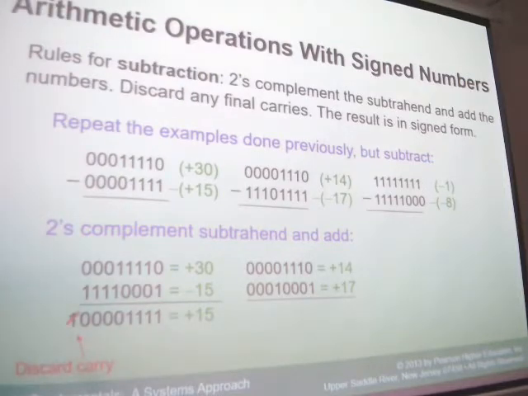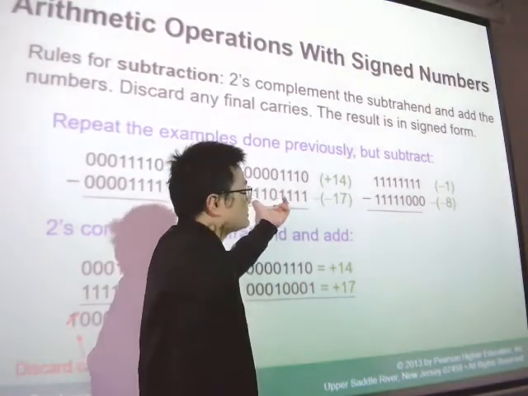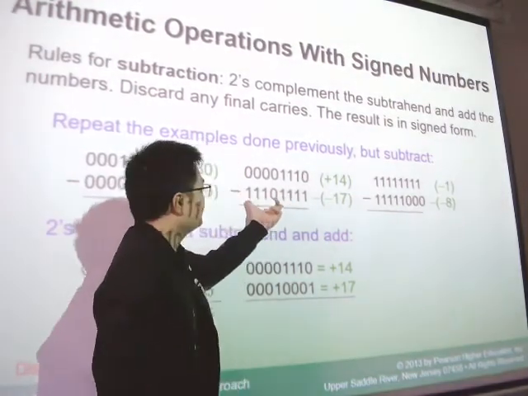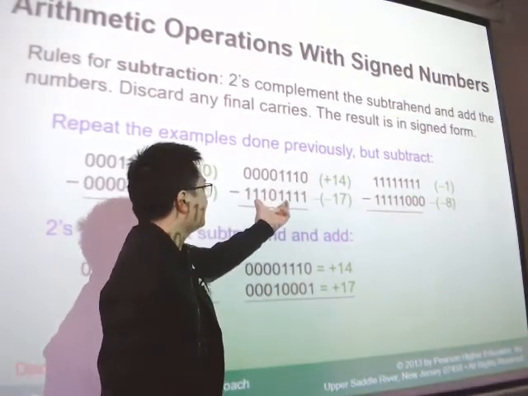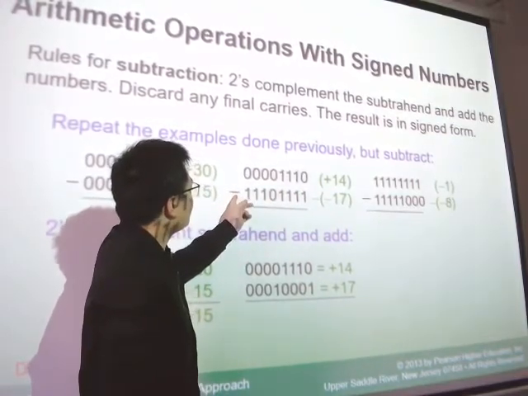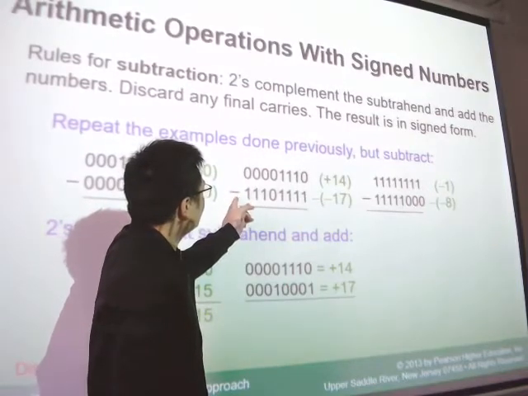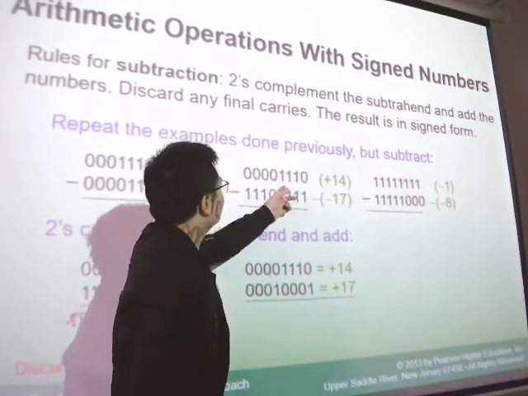The second example is also like this. This is a minus number or negative number. We can regard the subtraction as adding one number.